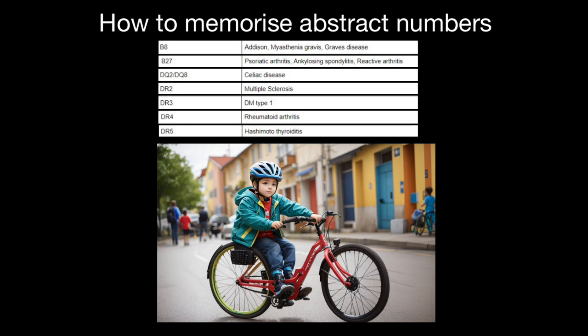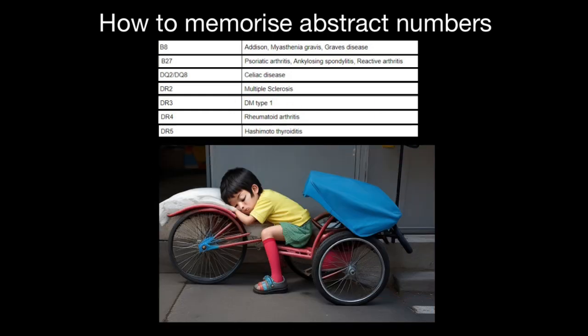Next one, DR3 and DM type 1, or in other words, diabetes type 1. So here's my picture. DR3 stands for 3 wheels. And here's a child who is sleeping. You cannot sleep on a bicycle, but you can sleep on a tricycle.